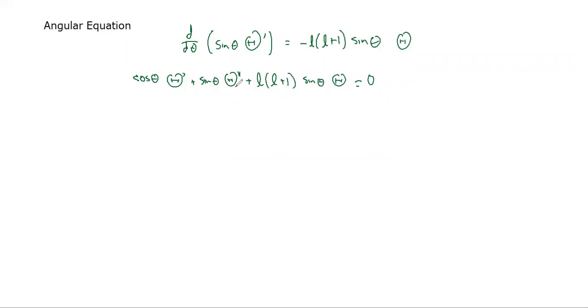I have capital theta double prime, a theta prime, and then a theta. So not the nicest thing ever. You can clean this up a little bit, and you can isolate the theta double prime term because I have 2 sines and 1 cosine.